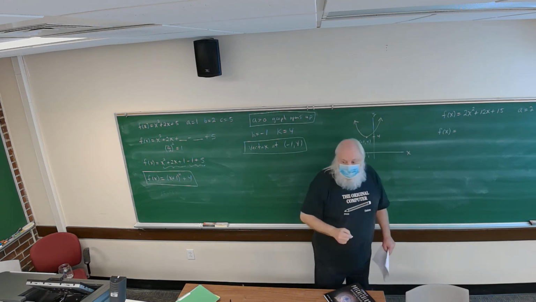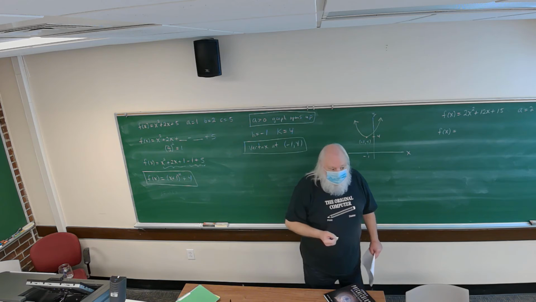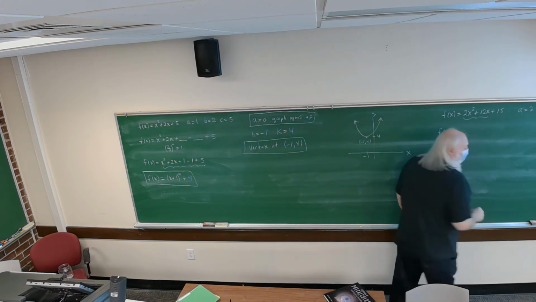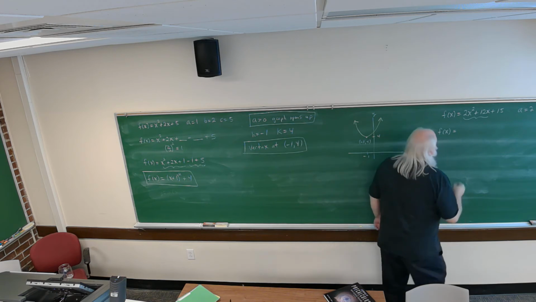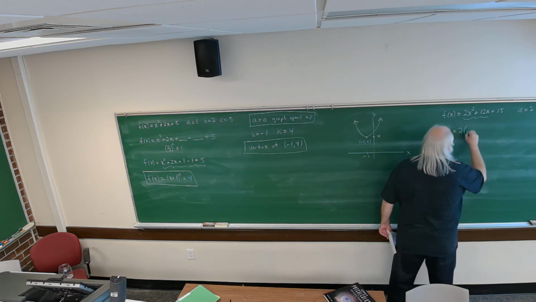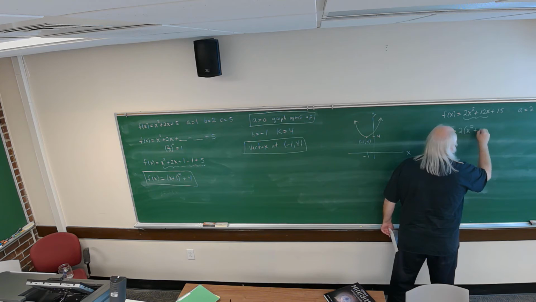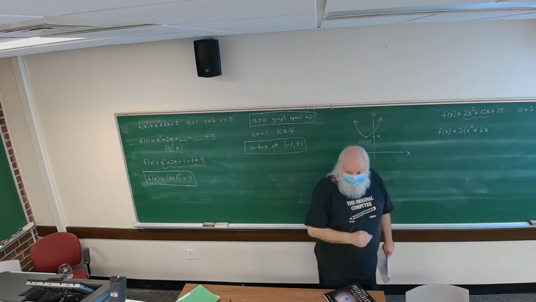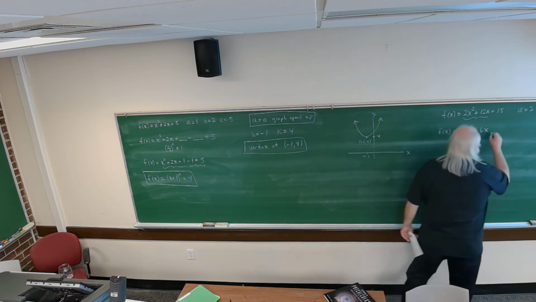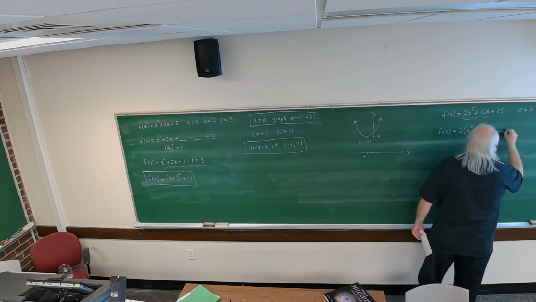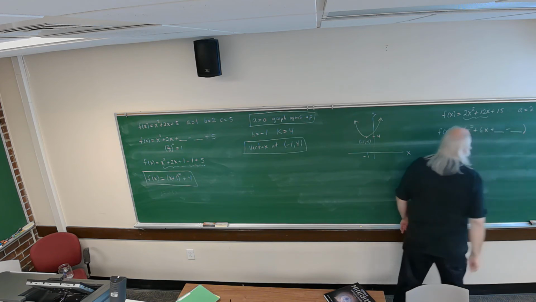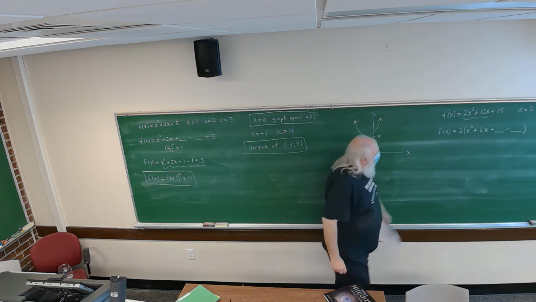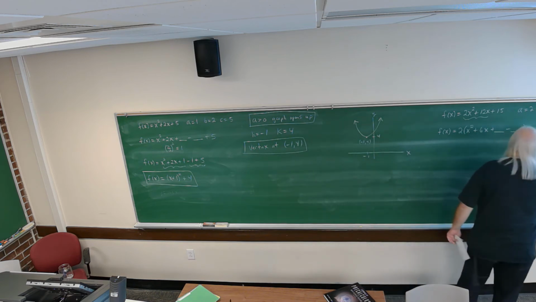Got to factor out the 2, right? From the first 2 terms. So when we factor out 2, we have 2 times x squared plus 6x, right? But inside that parentheses, we got to add 0. Add a number and subtract that number, right? And then you can't forget the plus 15 out here on the end.